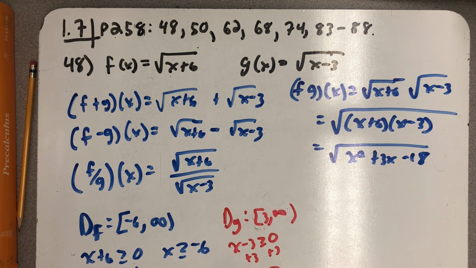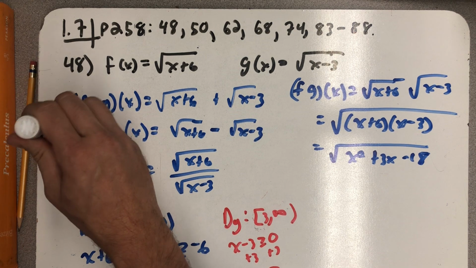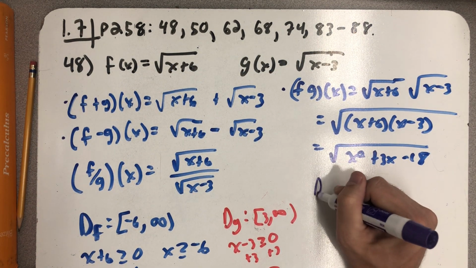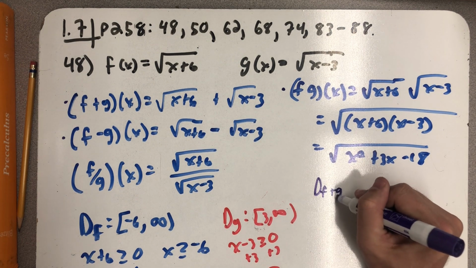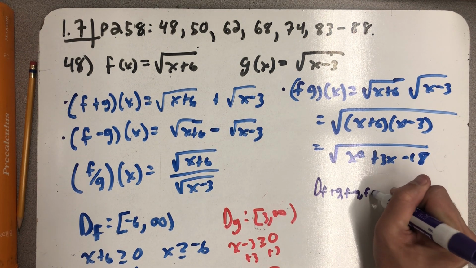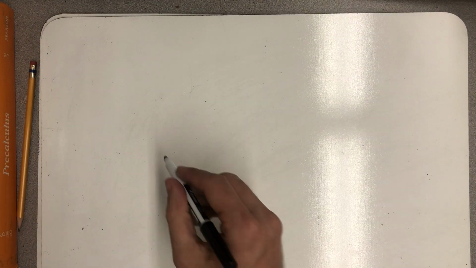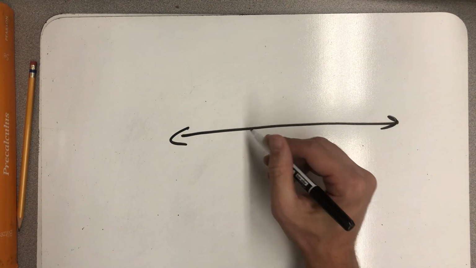Well, what I remember is that the domain of the first three functions here, 1, 2, 3, are all the same. The domains of f plus g, f minus g, and f times g, all the same, so I'm just going to write them down once. And I like to think about these two little intervals for a minute, just as a little scratch work.